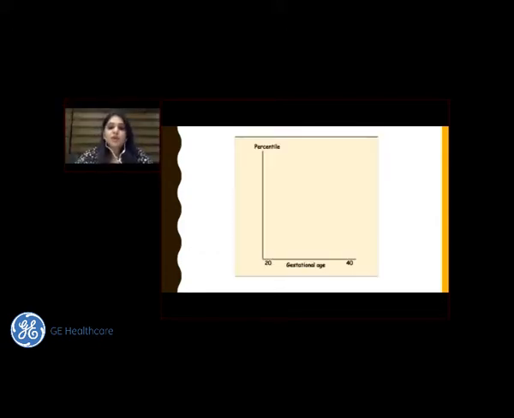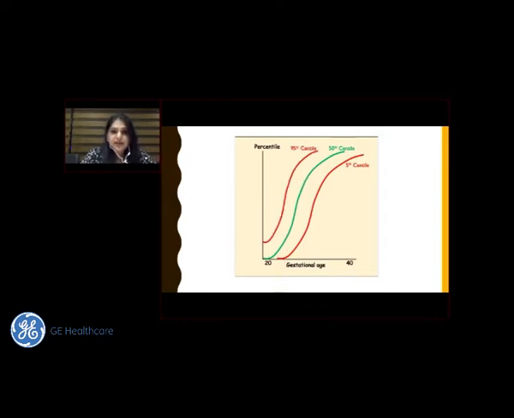Okay, so I've oversimplified this for a few of those who are not yet acquainted with this concept of centiles and growth charts. So this is the 50th centile, an average that is required by a fetus. This is the lower side of normal, which is the 5th centile, and this is the upper side of normal, which is the 95th centile.